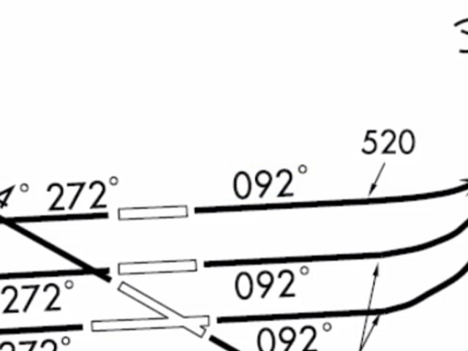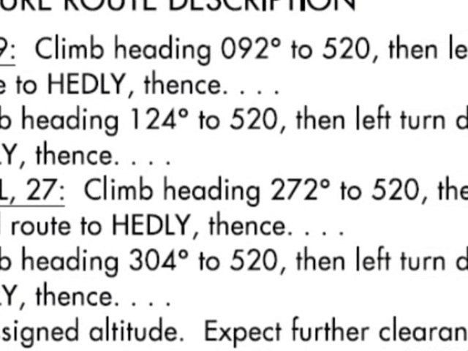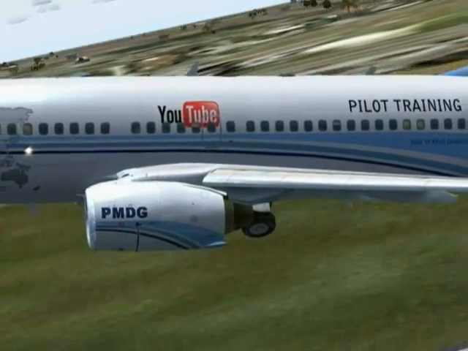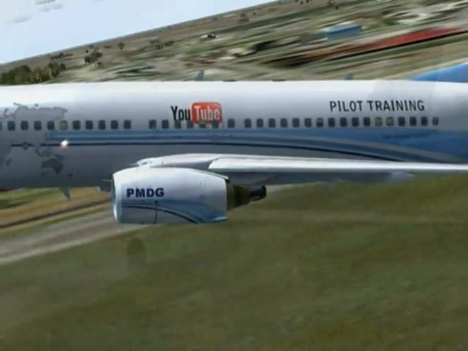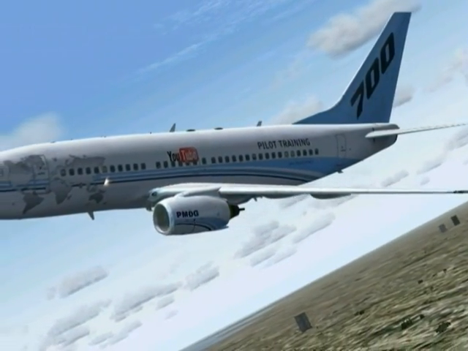Reading the description reinforces the idea by explaining in clear language that indeed we take off on a heading of 92 degrees to 520. 520 in this case indicates our altitude. In other words, we need to take off, and once we reach 520 feet, we make a left turn to Sonoy, our first waypoint.